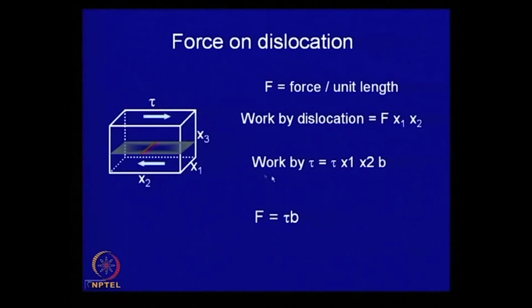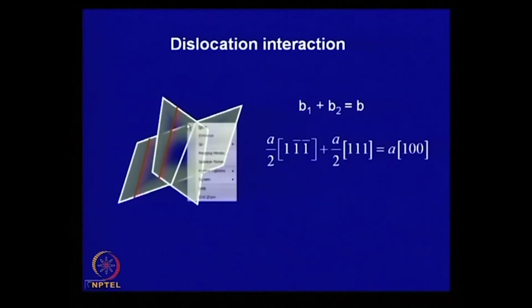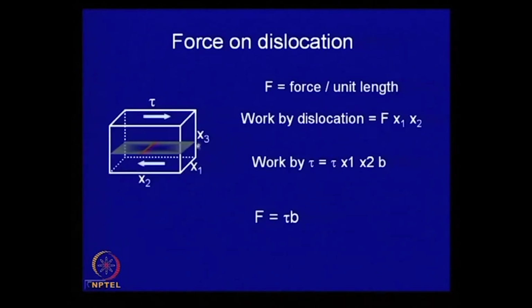And what is the work done by the applied shear stress? When you apply this shear stress, you move the upper part of the crystal over the slip plane by a distance b. The area of the slip plane is x 1 times x 2.